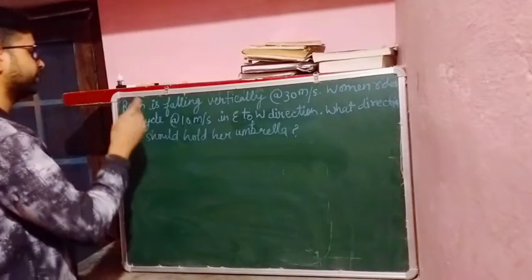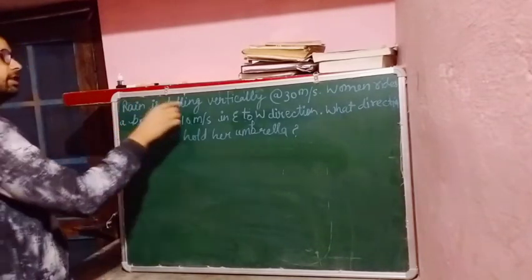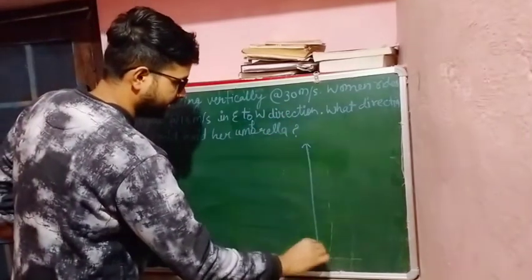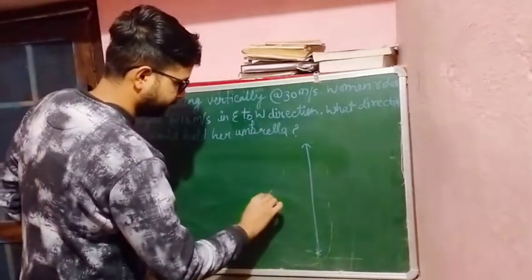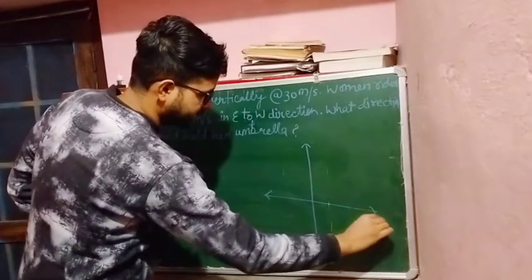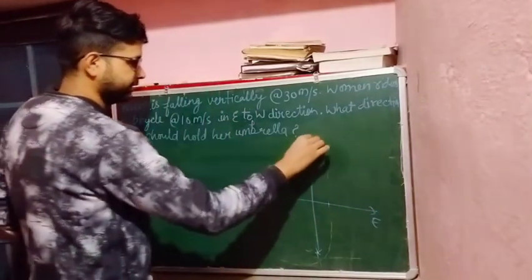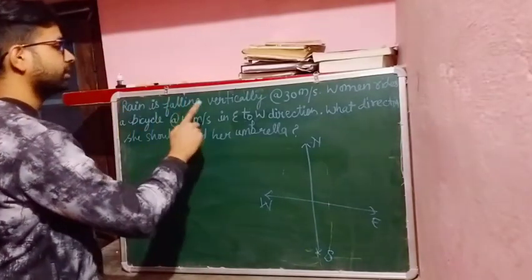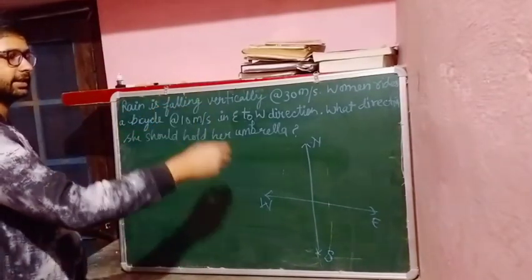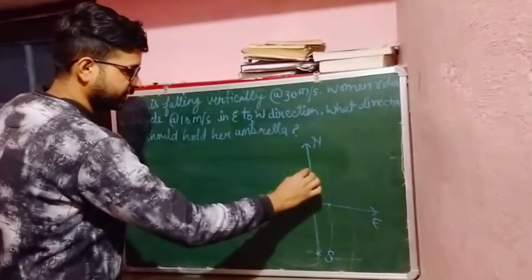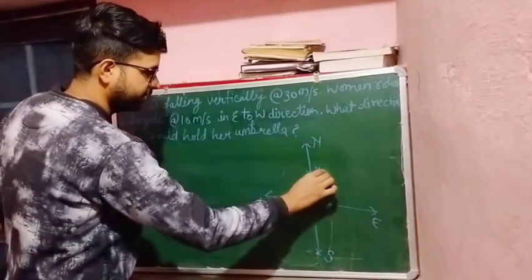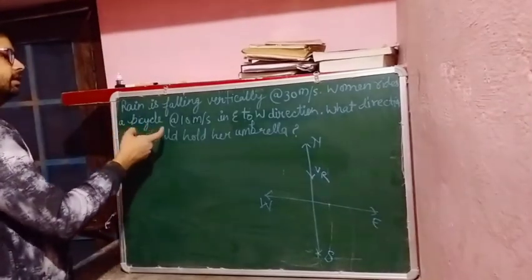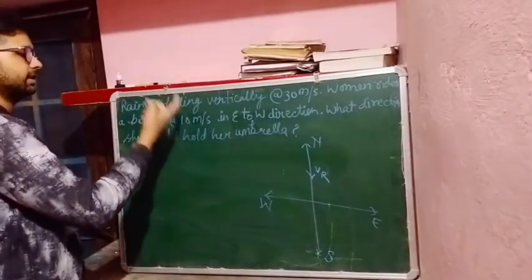Now in this case, what is happening? Rain is falling vertically. Let us make some directions first of all. This is west, this is north, and this is south. It says rain is falling vertically at the rate 30 meter per second. Rain is falling like this. This is the velocity of rain falling vertically, and the woman rides a bicycle at some speed which is 10 meter per second.